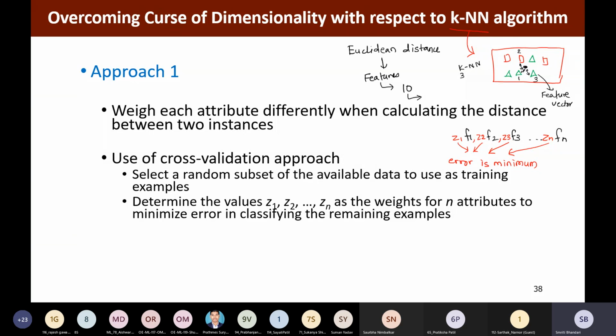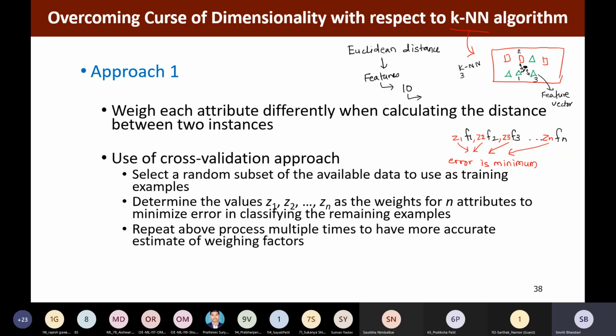Right? So we go on changing these values of weights and we try to find out the error. And we are going to repeat this process multiple times to have more accurate estimate of these weighing factors. And whenever we get the maximum performance or the minimum error, then we will stop iterating.